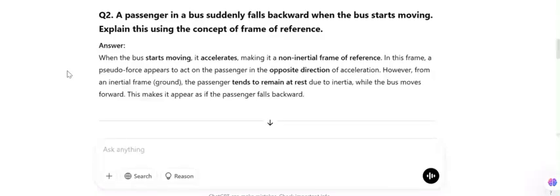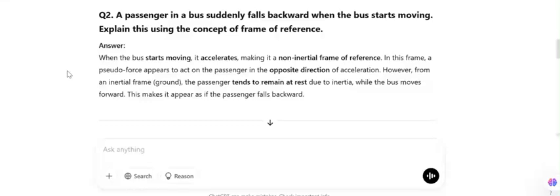See, when the bus starts moving, Akshita, it accelerates, right? Making it a non-inertial frame of reference, isn't it? Now, in this frame, a pseudo force appears to be acting on the passengers in the opposite direction of acceleration.